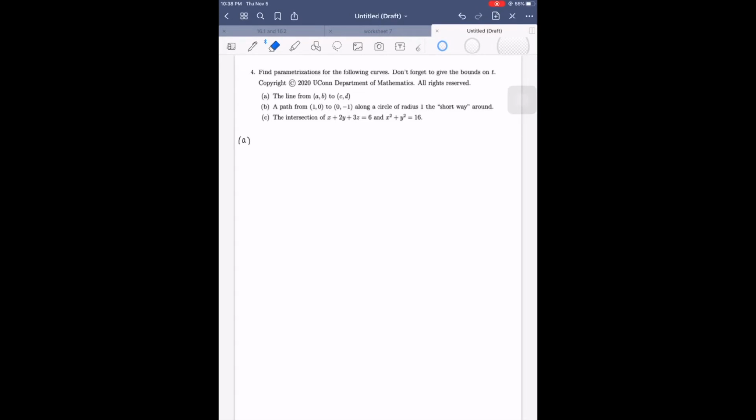A asks us to find the parameterization for the line from point AB to point CD. So we're going to take the vector of AB, our first point, and add it to the distance of the second point from the first, which would be C minus A, and D minus B, multiplied by t.